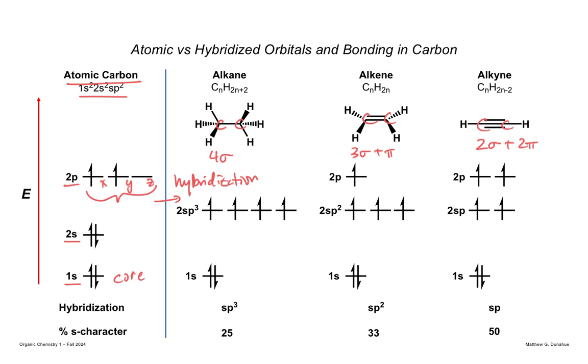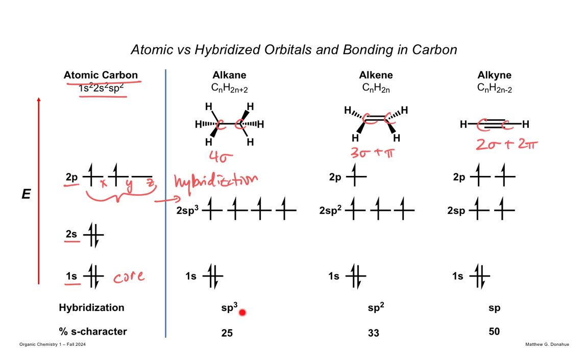So to recap on this slide, when you're looking at a structure, if you see 4 sigma bonds to carbon, that hybridization is sp3. If you see 3 sigma bonds plus a pi bond, that's sp2. 2 sigma, 2 pi, that's sp. And then what is this last row here, percent s character?